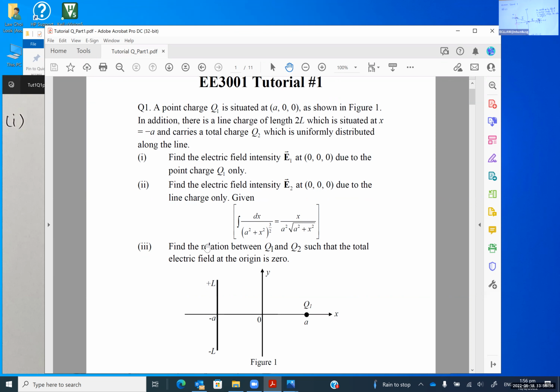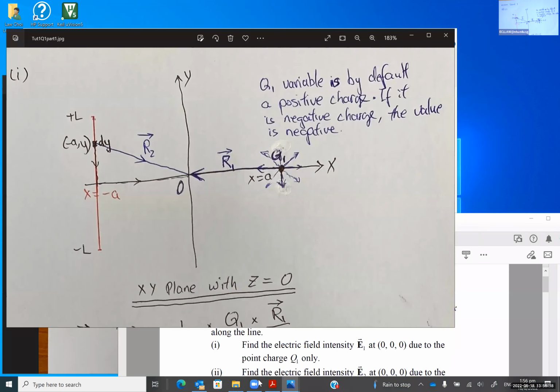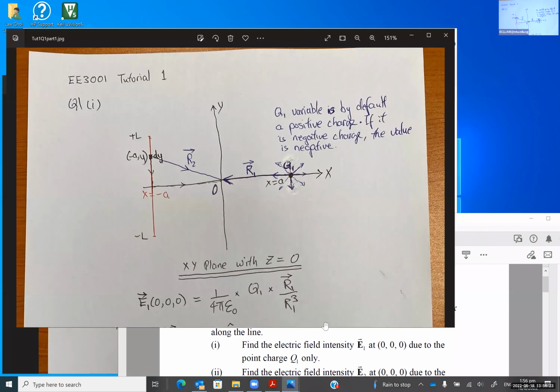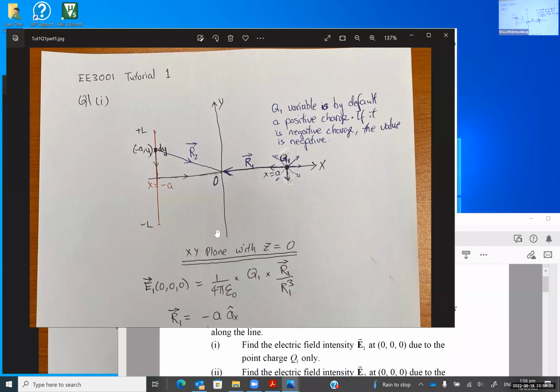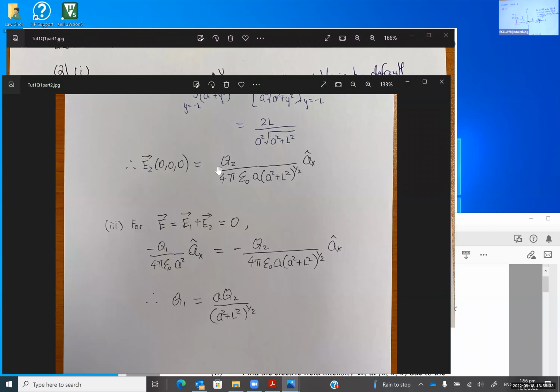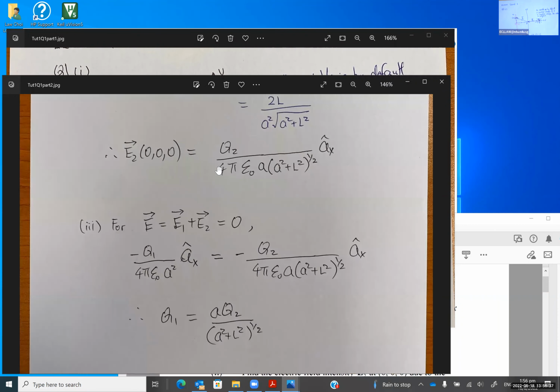Okay, so the third part is that we have this. We want the total E field to be equal to 0, which is the E1 vector plus the E2 vector. In short, that means the electric fields due to the different charges are aiding vectorially.